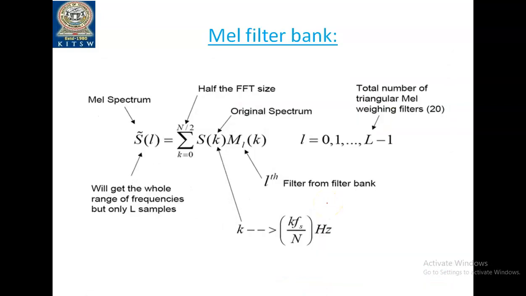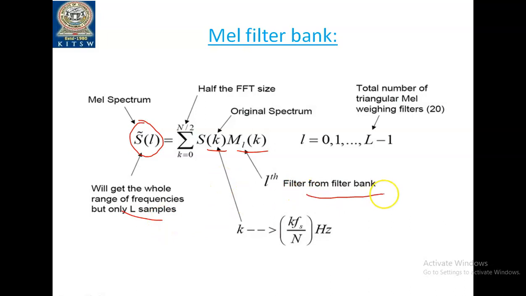Now, this Mel spectrum is kappa of L, which we have already seen in the previous slide, and you will get the discrete Fourier transform. S of k is nothing but the speech signal, and this is multiplied with the Mel frequency spectrum. These two are multiplied, and we get the whole range of frequencies, but only L samples.